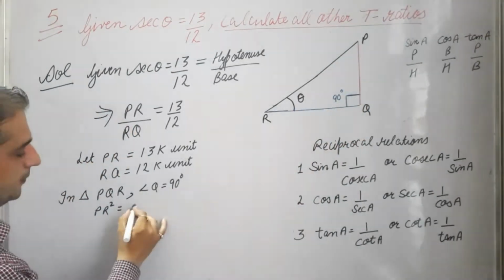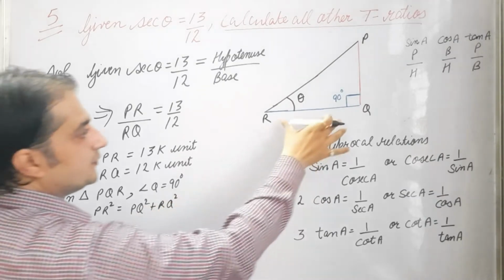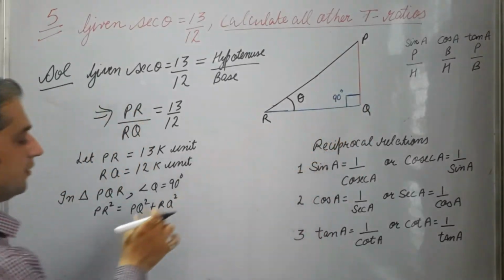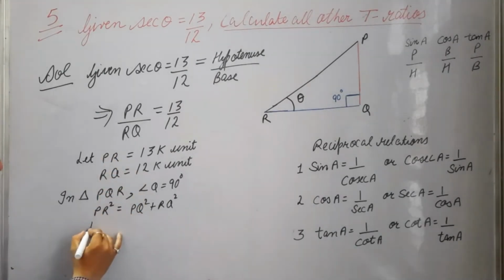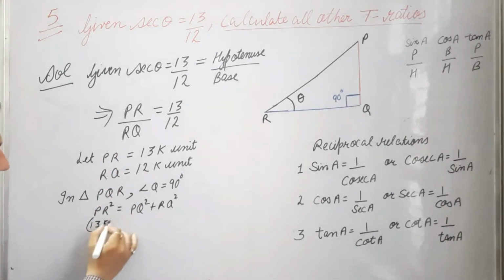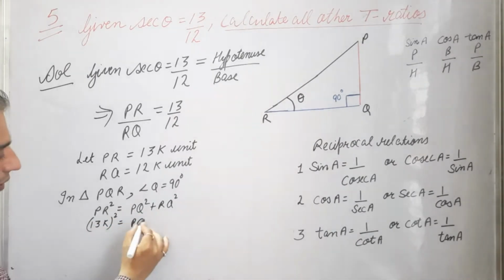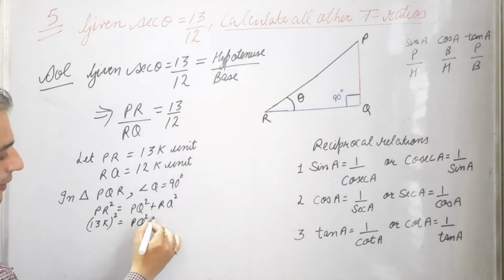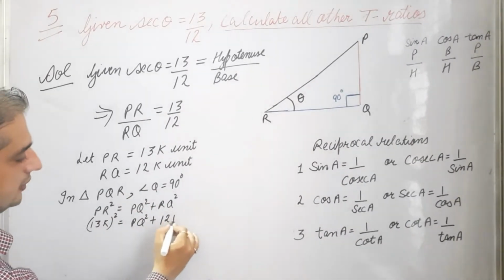So it will become PQ square plus RQ square. So PR, that is 13K whole square, equals PQ, that is unknown, square plus RQ, that is 12K whole square.